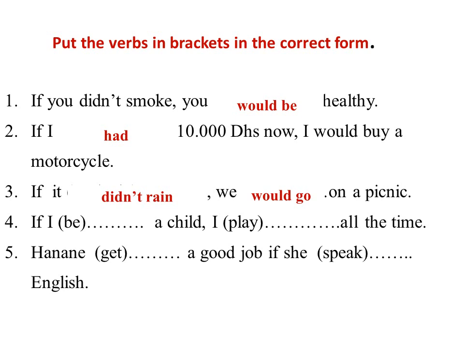So for the verb to be here, simple past, normally we say I was, but in conditional type 2 we can say also if I were. If I were a child, if I was a child, okay, I would play all the time. Very good. I would play all the time.